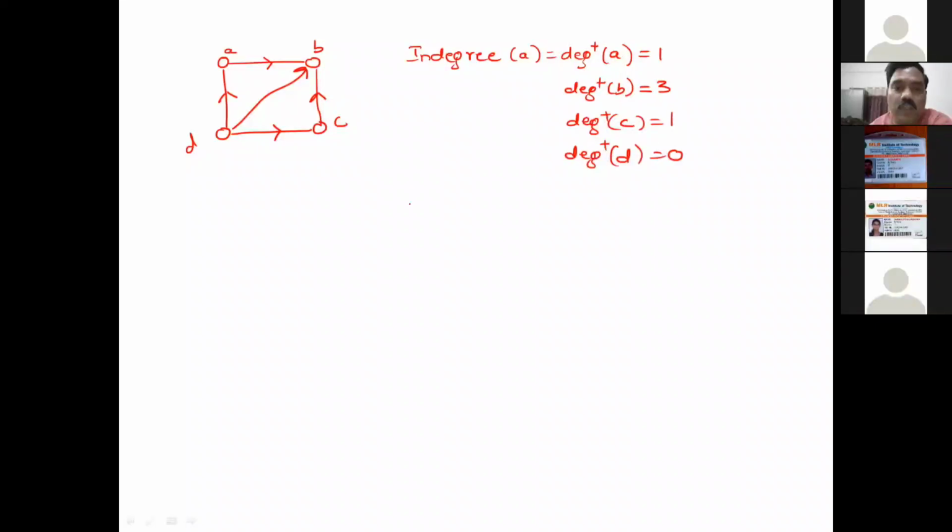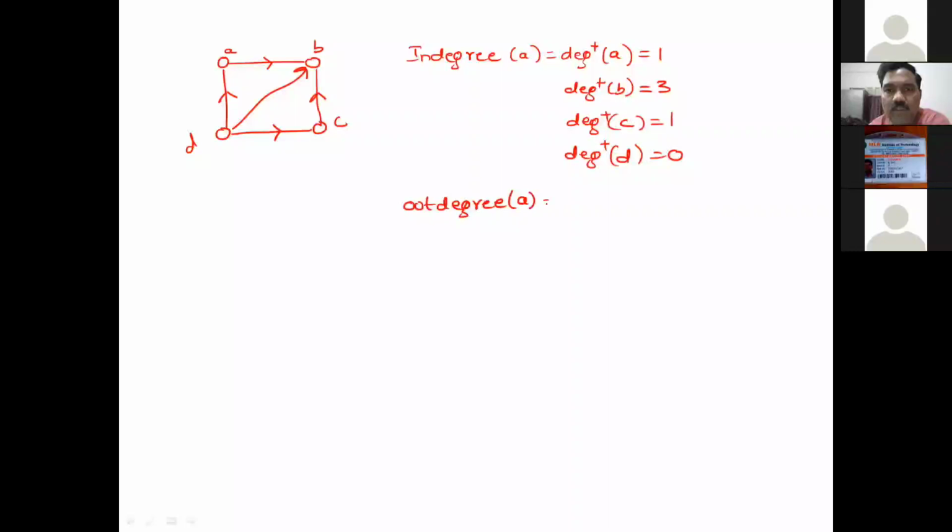Okay, and let us see the out degree also. Out degree of A is also written as degree minus of A. So out degree of A, you can easily guess, is how many edges are going away from A. What is the out degree of A? 1.